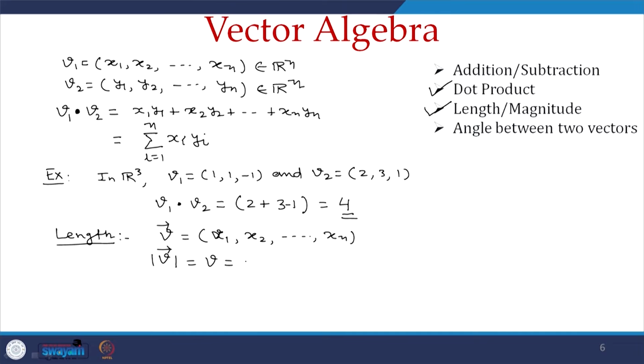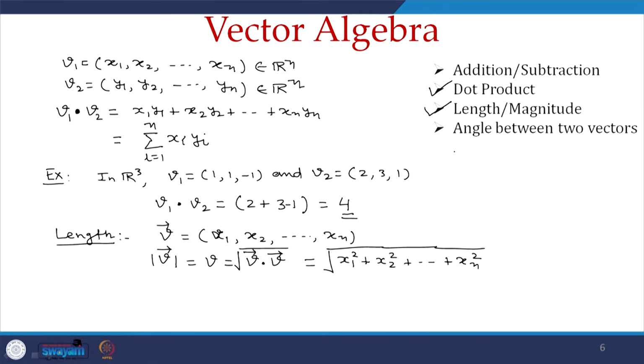It is nothing but square root of dot product of v with itself. So, v dot v will become x1 square plus x2 square plus ... plus xn square, and square root of this. In this way we can calculate length or magnitude of a vector v.